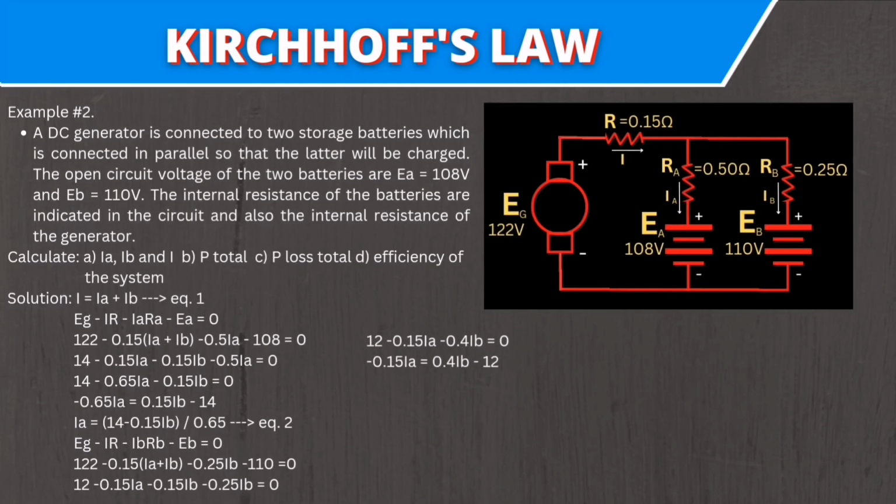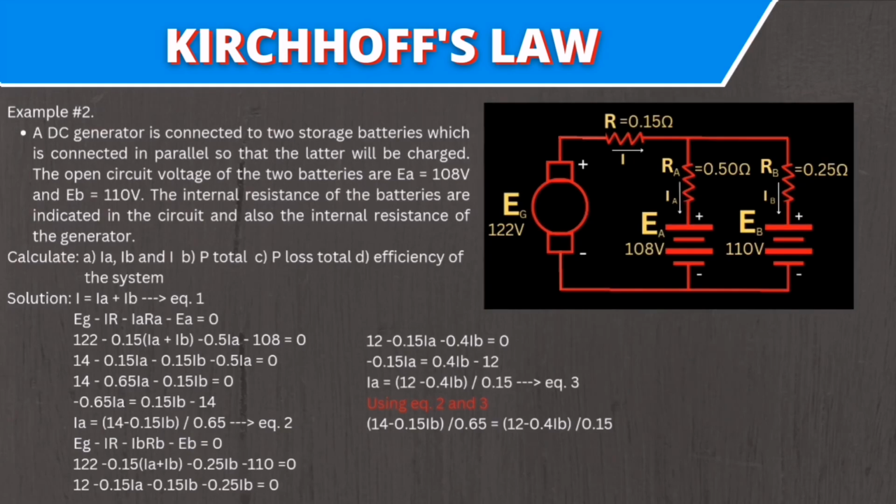Equating it to I sub A. Negative 0.15 I sub A is equal to negative 12 plus 0.4 I sub b. So I sub a is equal to 12 minus 0.4 I sub b all over 0.15. It will be our equation number 3. Using equation number 2 and 3, we will have 14 minus 0.15 I sub b all over 0.65 equal to 12 minus 0.4 I sub b all over 0.15.